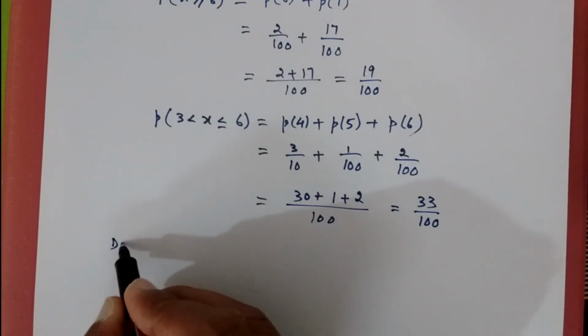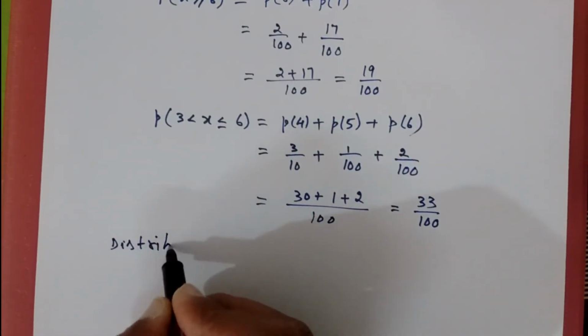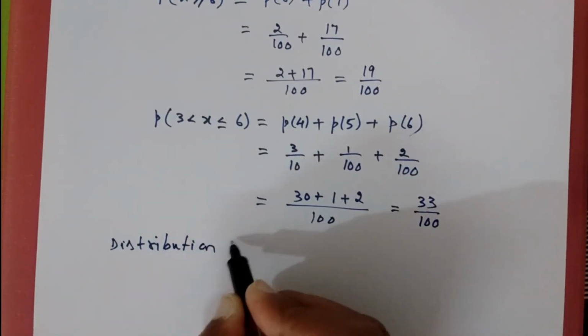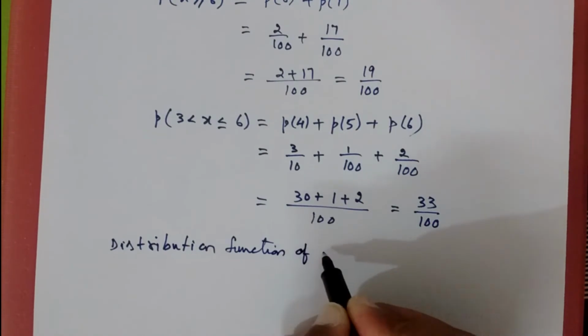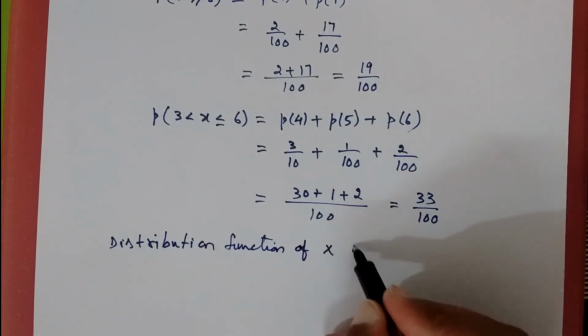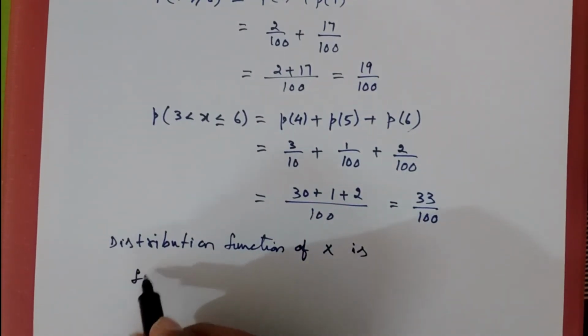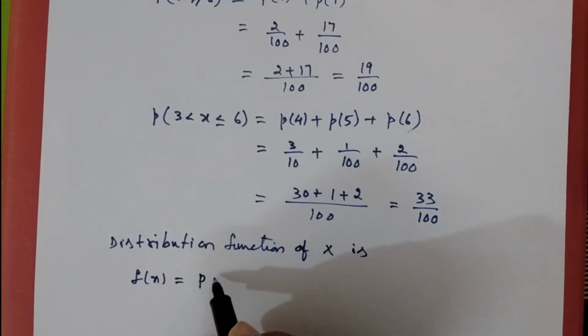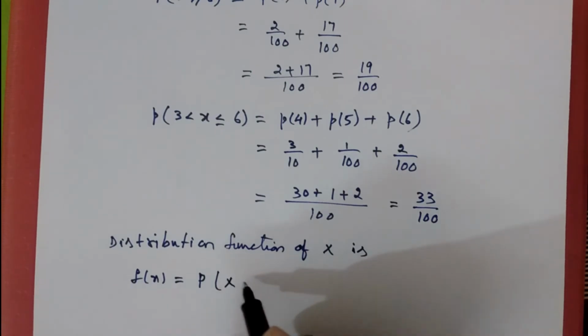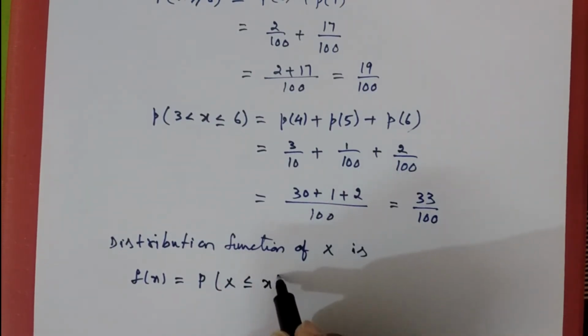So the distribution function of x is represented by f of x, and I have already given you the formula earlier. Its value is probability when the value of x is less than or equal to small x.